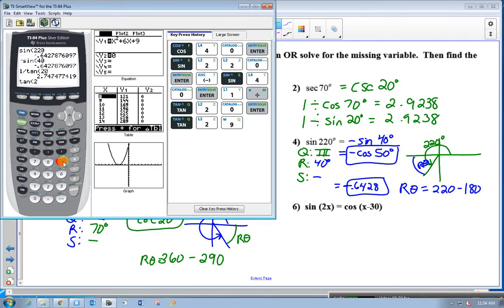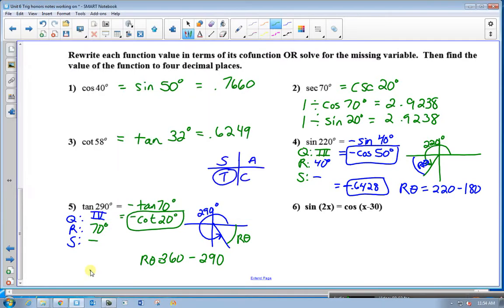Is that what we started with? So if I just put a negative in front of that other one, it will be the same. Okay. So you get the idea there, right?